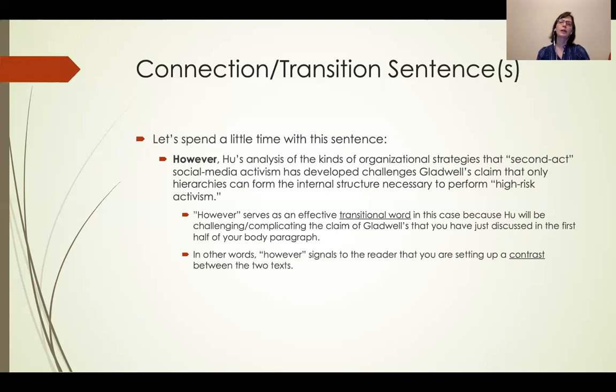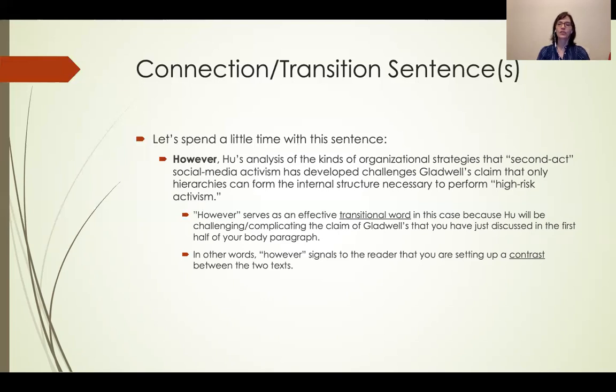So in other words, to break down the prompt question, right? If you're still struggling a little bit with the language of complicating and challenging, you're using Hugh to help find ways that social media activism in its second act is actually similar to the traditional activism we saw in the civil rights movement.